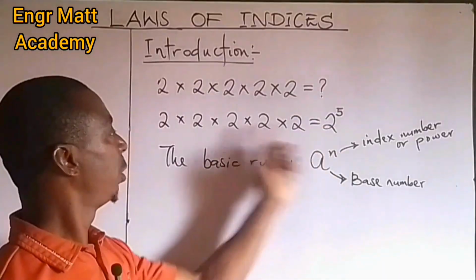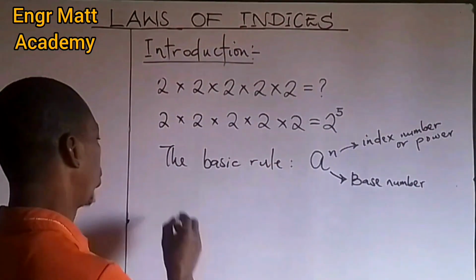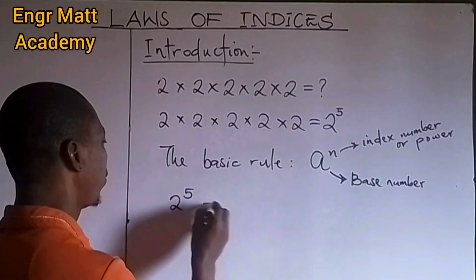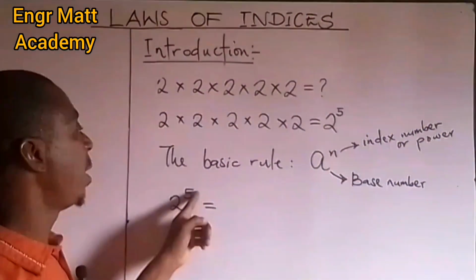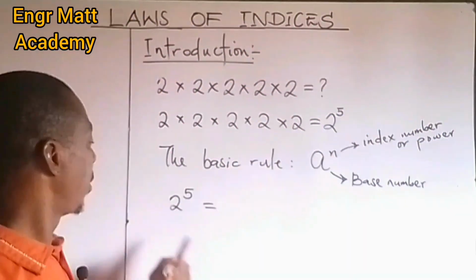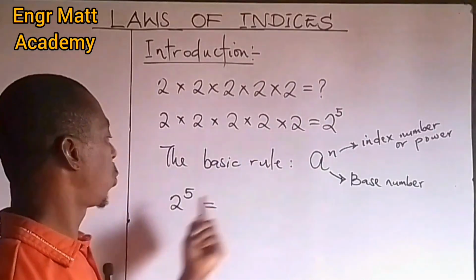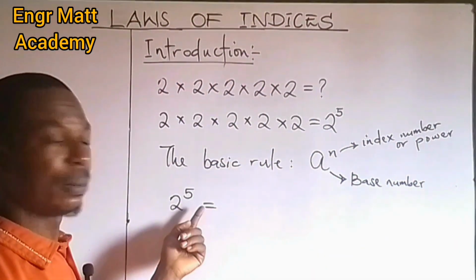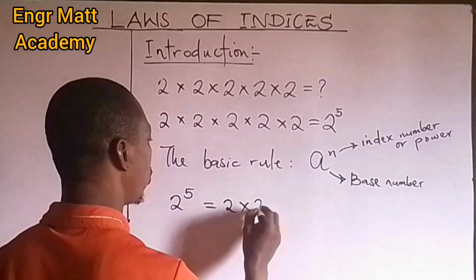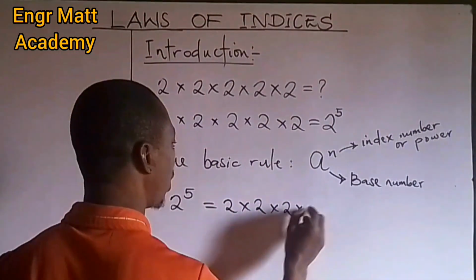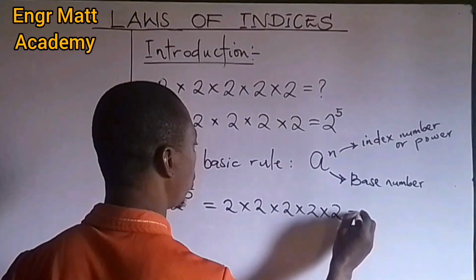Now let's go back to this expression. 2 raised to the power 5. Here 2 is the base number and 5 is the index number or the power. This means the base number 2 multiplied itself 5 times, as we have here 2 times 2 times 2 times 2 times 2.